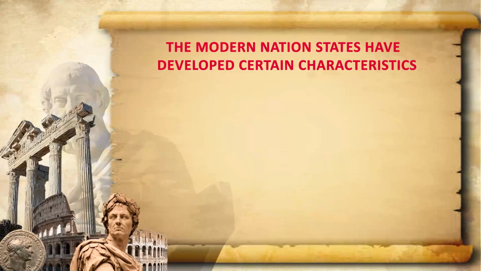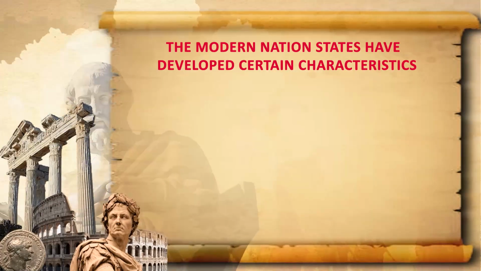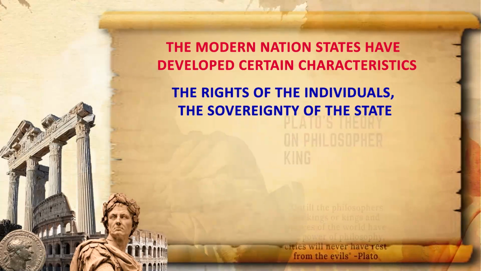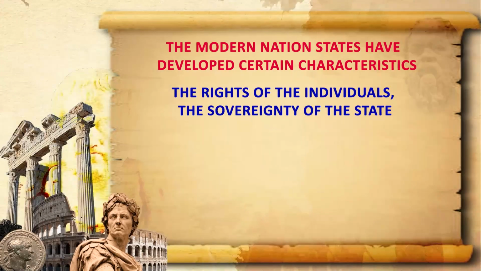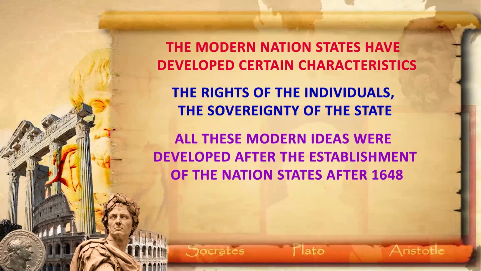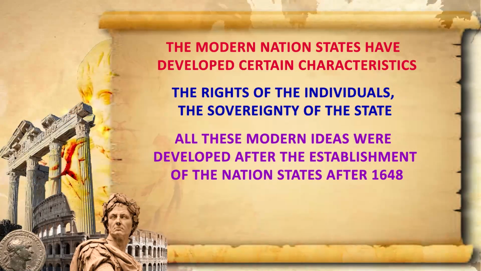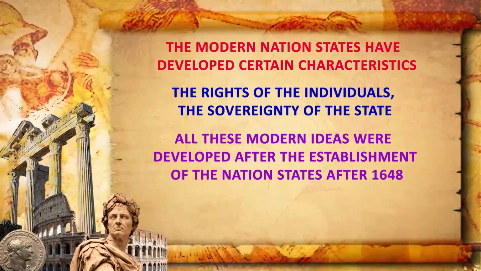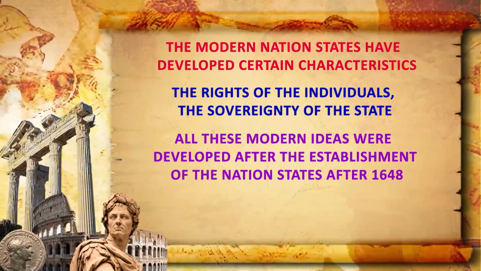Another important thing is that the modern nation states developed certain characteristics. The rights of the individuals, the sovereignty of the state, all these modern ideas were developed after the establishment of the nation state after 1648.